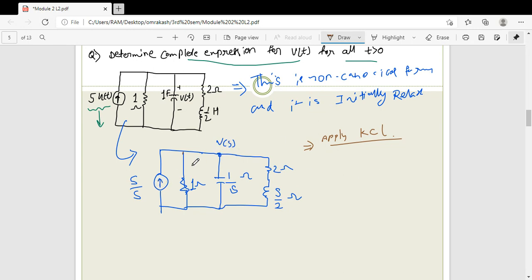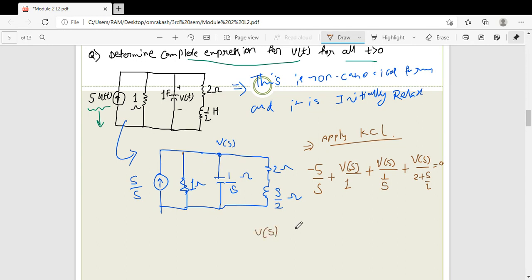So 5 by S is incoming current, so I take it as minus 5 by S, plus the rest all positive: V of S by 1 ohm, plus V of S by 1 by S ohm, plus V of S by (2 plus S by 2) ohm, which is equal to 0.